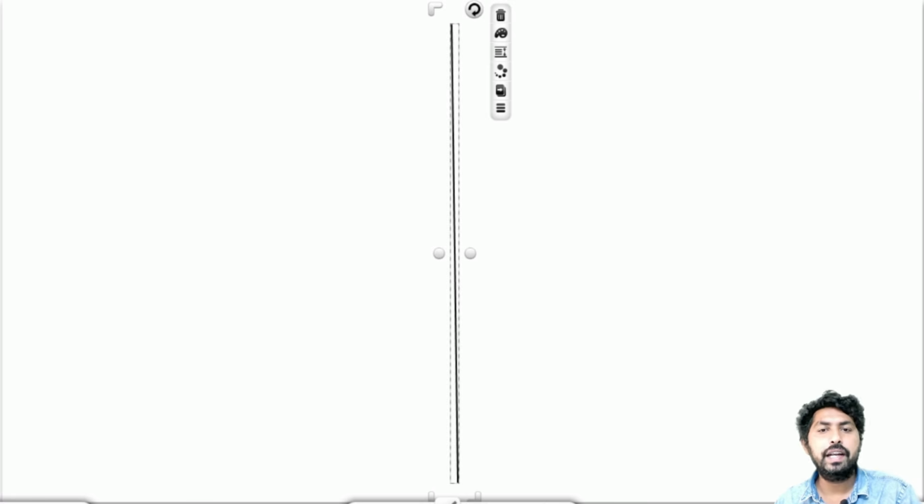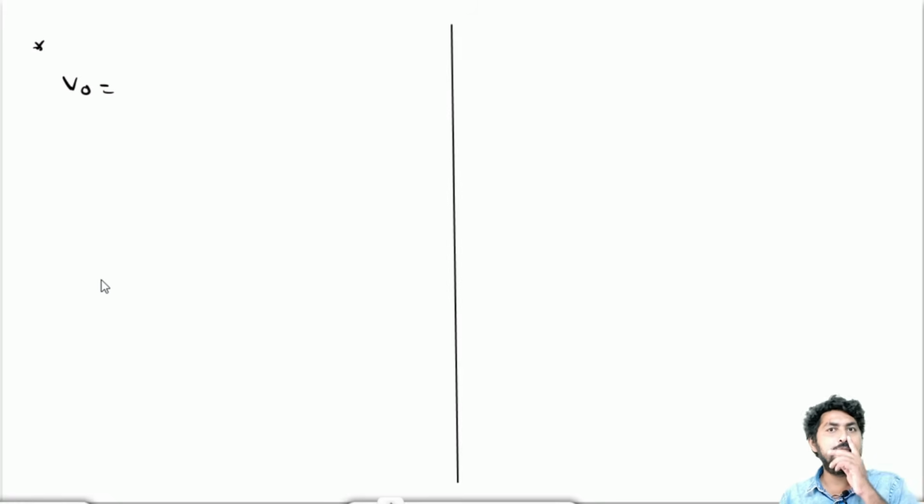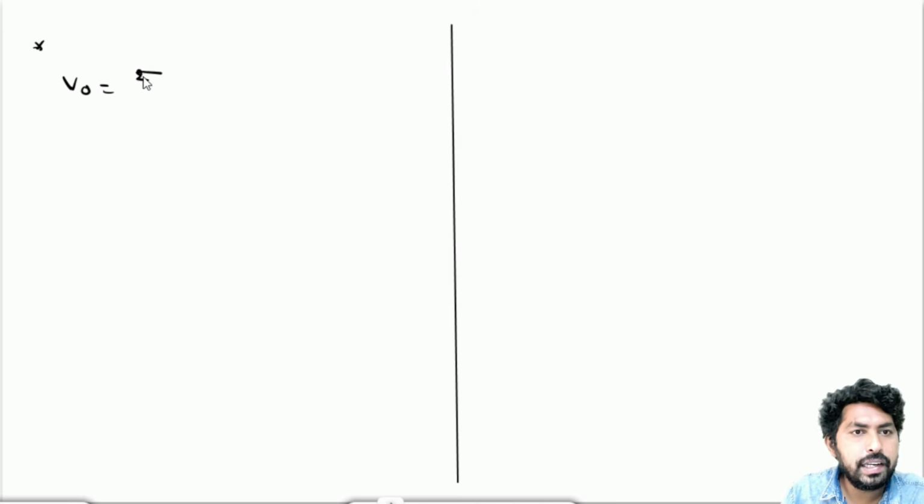Now let me write the Fourier series expression. The output voltage does not change, so the Fourier series expression for the output voltage will be: for the half bridge, sigma n equal to 1, 3, 5 to infinity of 2 Vs by n pi into sine n omega t.